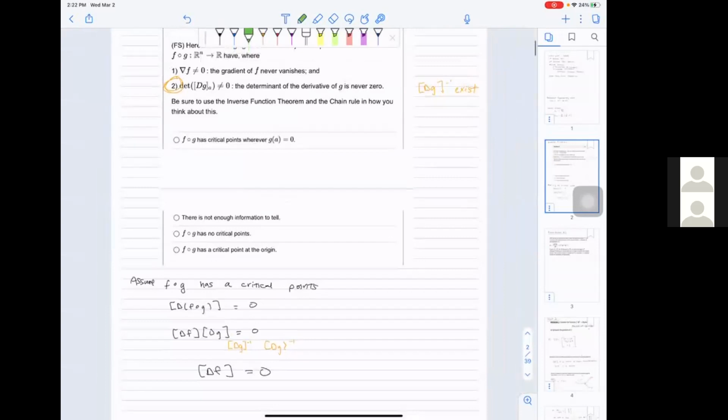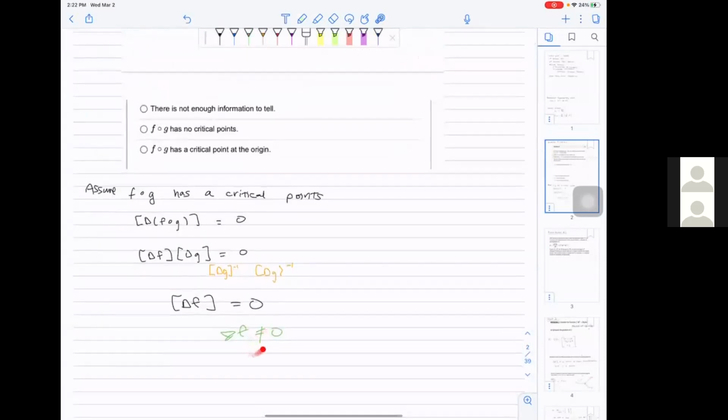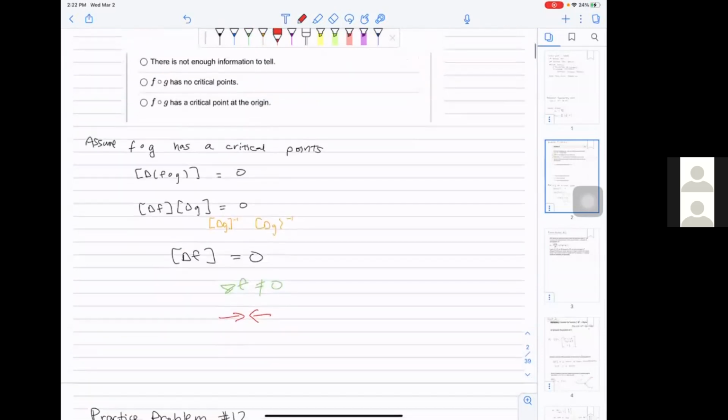But the first condition said that the gradient is never 0. If the gradient's never 0, how could your derivative be 0? So this is a contradiction. Thus, our assumption is not true, so f of g has no critical points.